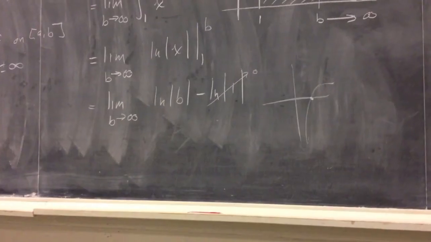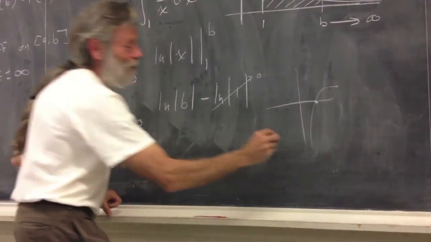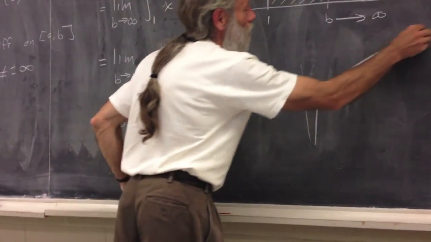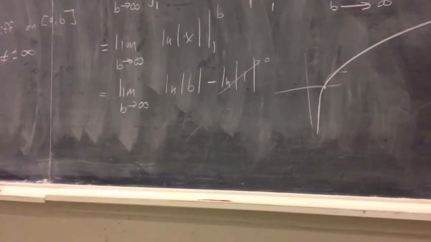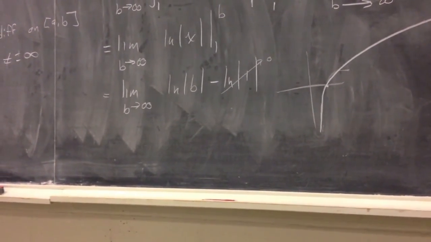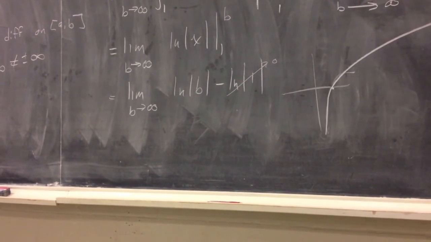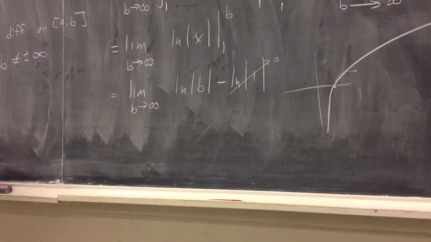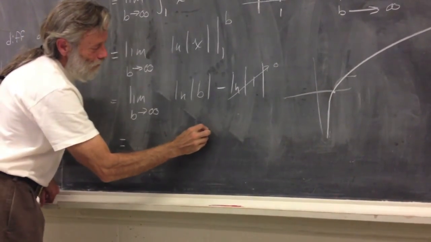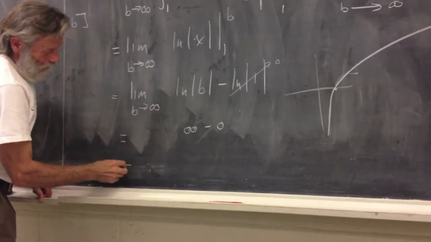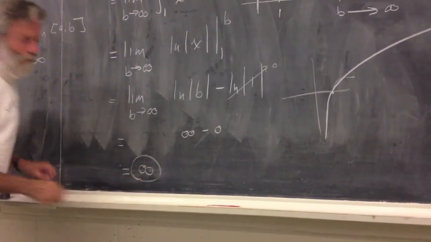Again, you might just think about this function. Infinity. You never see anybody draw an asymptote like a ceiling, so it's implied that it continues up. So certainly then we have infinity minus 0, or infinity, as an answer.